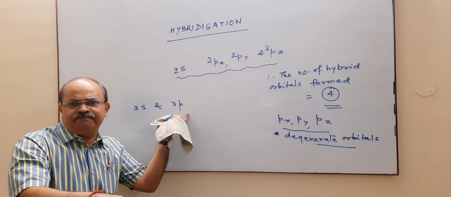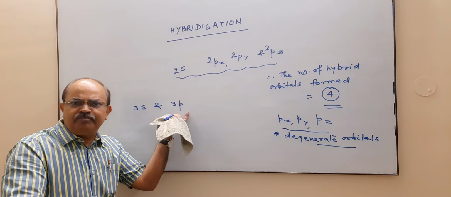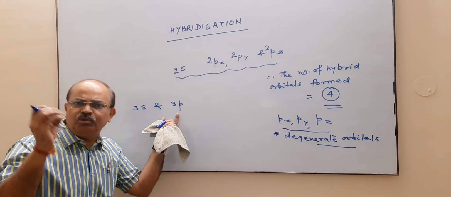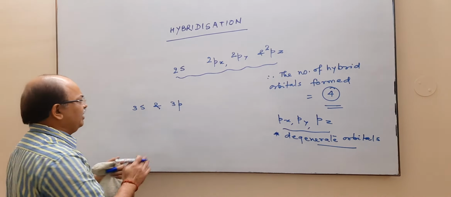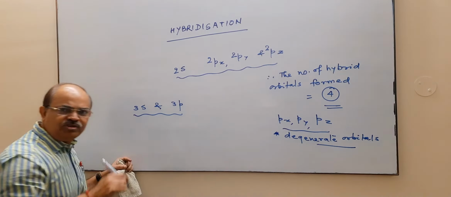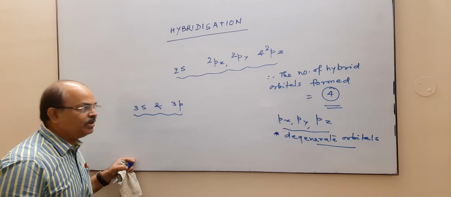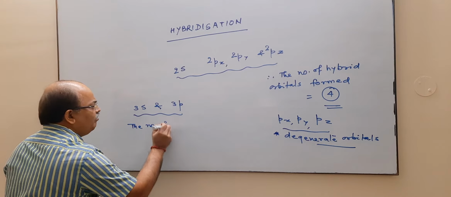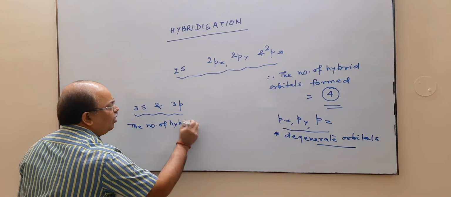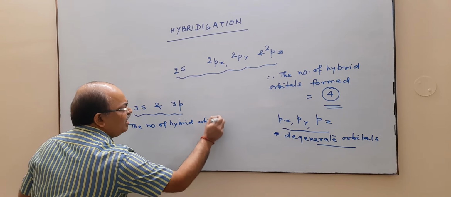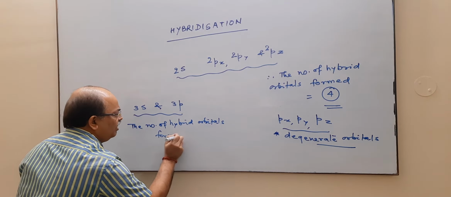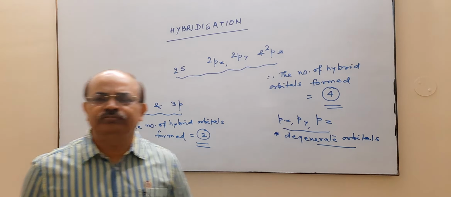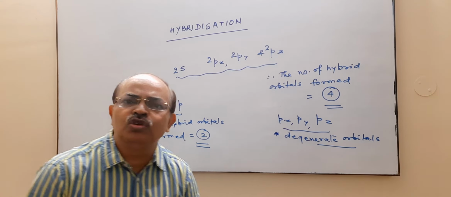Out of those 3, one orbital, whether 3px, 3py or 3pz, any one is utilized in hybridization. It means the number of hybrid orbitals formed must be simply 2.